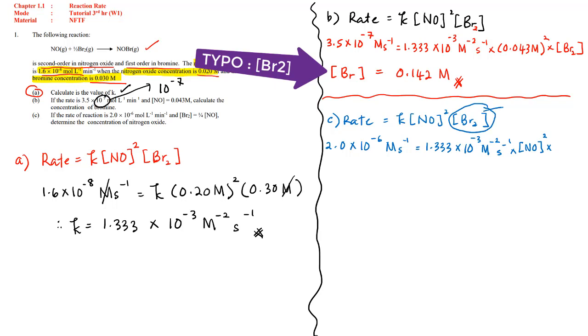So concentration of bromine now is 1/4 daripada concentration of nitric oxide. Dah sebut dalam soalan. So 1/4 concentration of nitric ataupun nitrogen oxide. Okay, jadi selesaikan secara matematik.